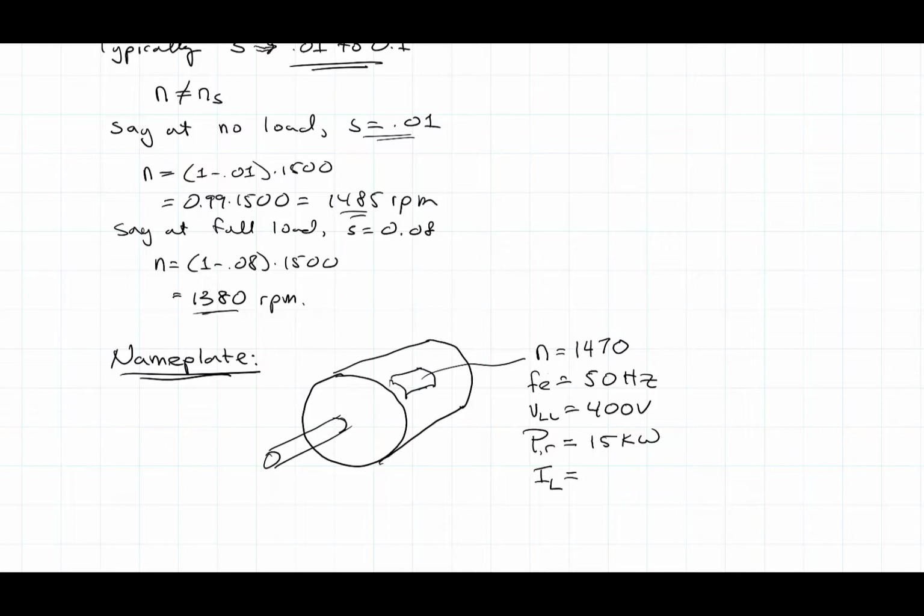Power factor and efficiency might not be on the nameplate, but if I knew those things, I could find the line current, or the line current might be given.